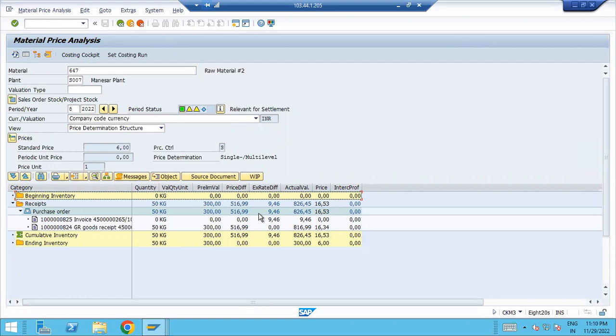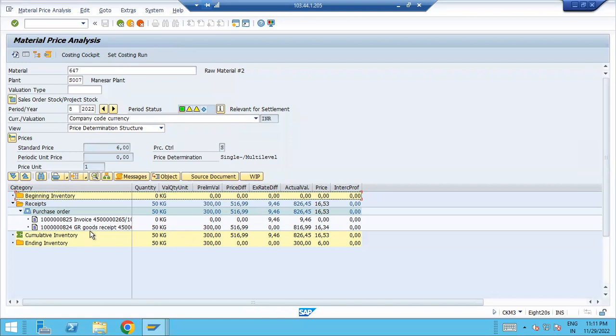So the answer to the question, what will be the material ledger impact in procurement? Any difference. I have taken two differences here. One is your price difference, which in this example is 300 because of the GR, and in GR there was no exchange difference. Then one more difference I captured here with reference to the exchange difference, and that is 9.46.